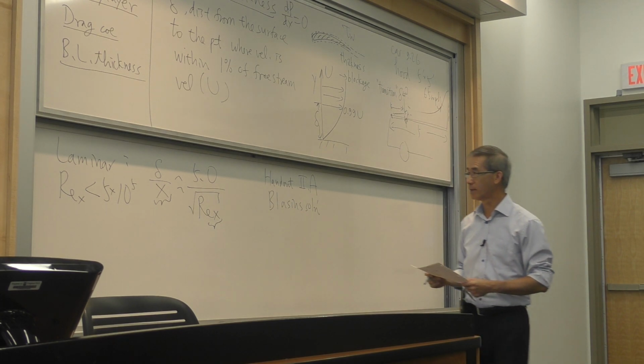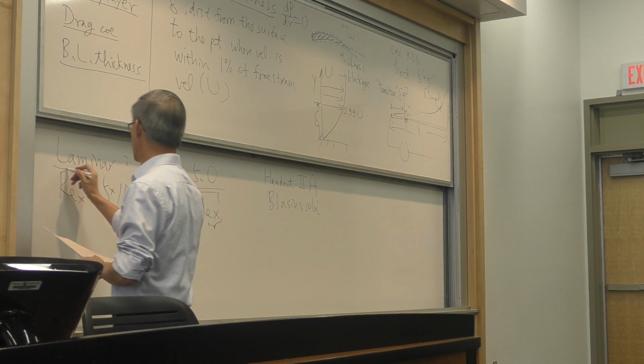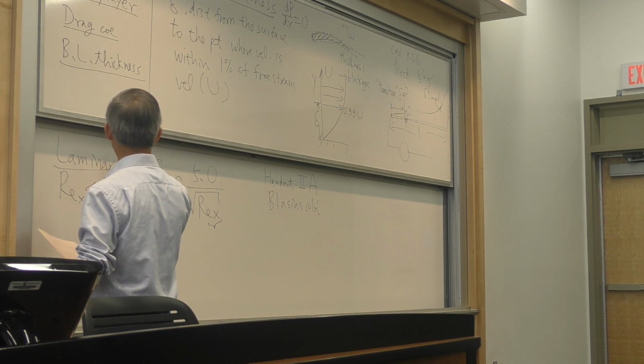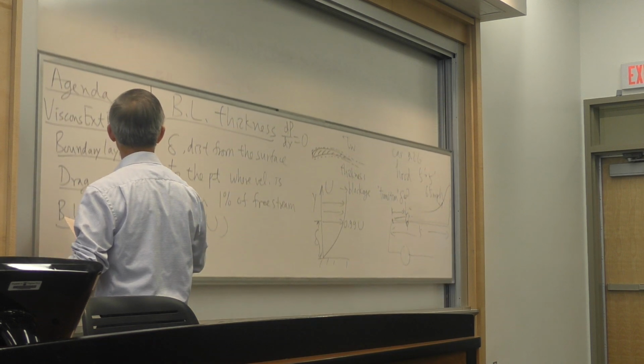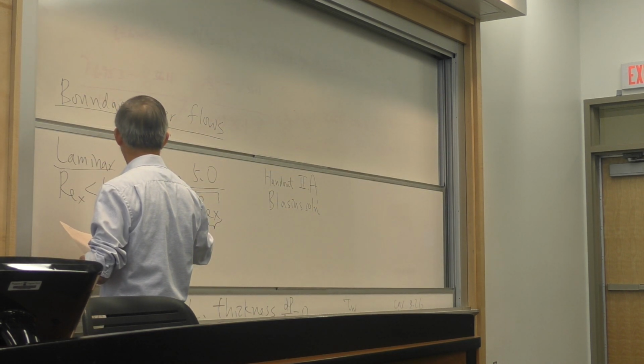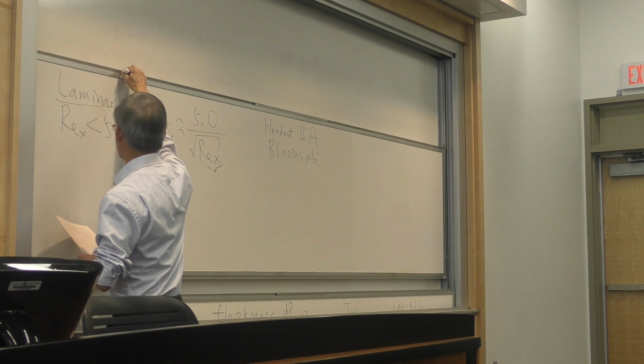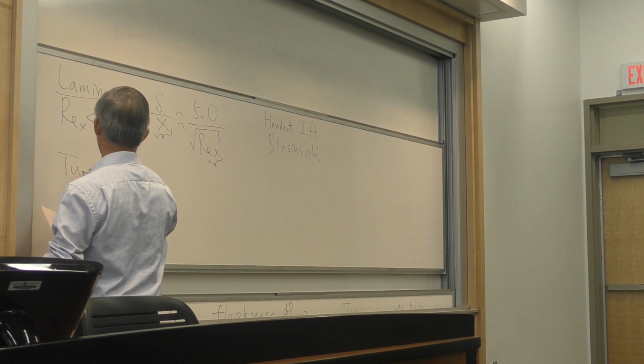That's for laminar flow. At this point, I also want to give the turbulent equation, the sister equation, because you won't need it for this homework set, but you will maybe later on. So while I'm at the thickness, I want to give you the same equation as the cousin.